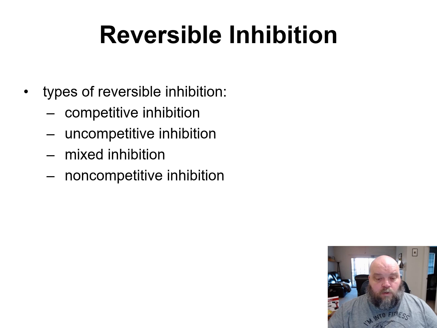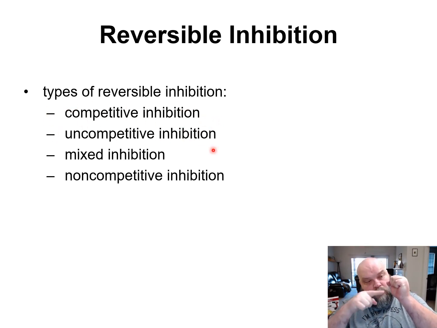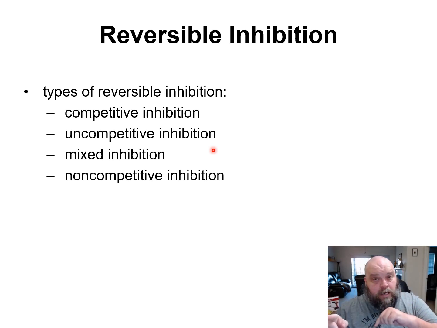Reversible inhibition is the one that we like to focus on most. Are we competing for the active site? Because remember, the substrate has to get into the active site for E plus S to become ES.